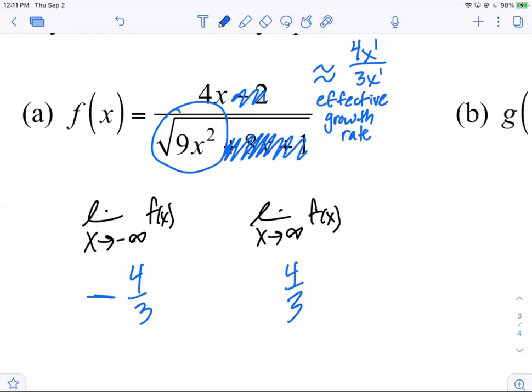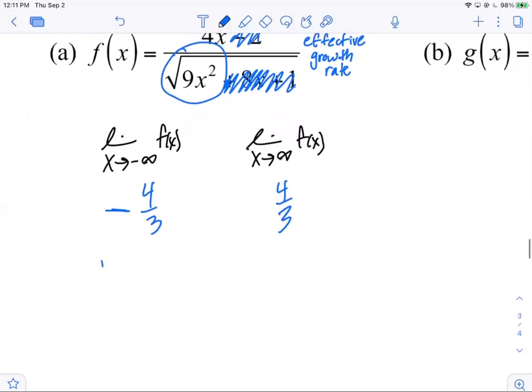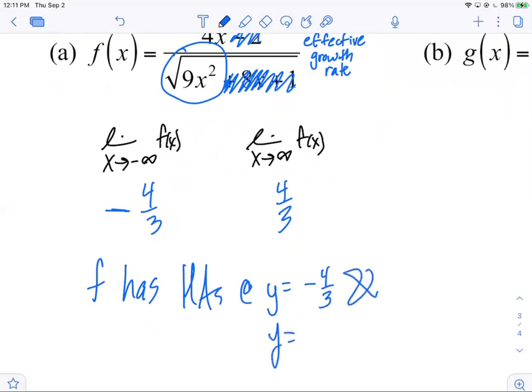So there are your 2 end behavior limits. Does this function f have any asymptotes? Yes, it has actually how many? 2, right? F has HAs at y equals negative 4/3 and y equals positive 4/3. It kind of looks a lot like the graph of arctangent in that respect. Okay?